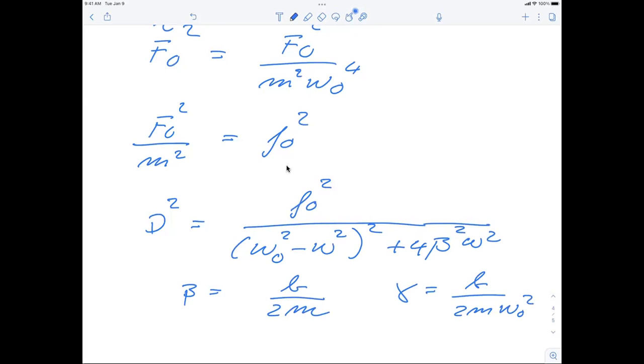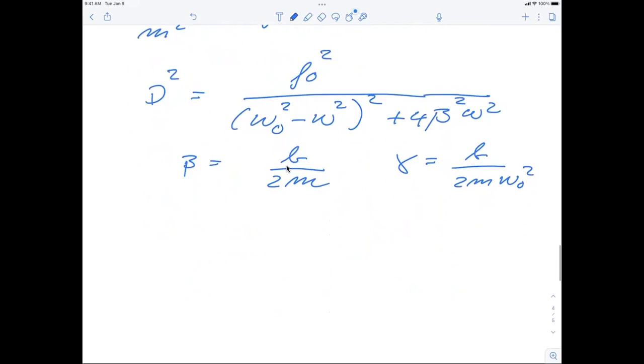So the thing you can do now is tune either omega 0 or omega. You have different physics applications.